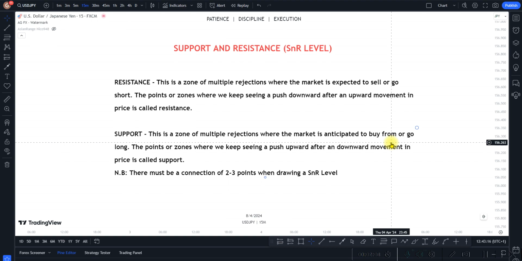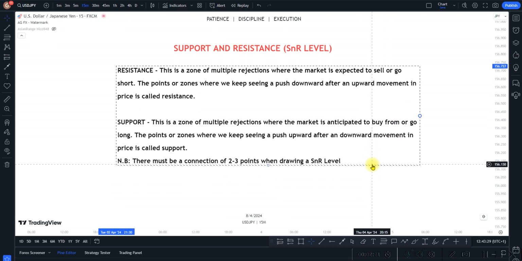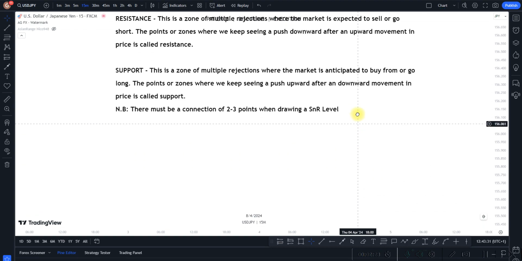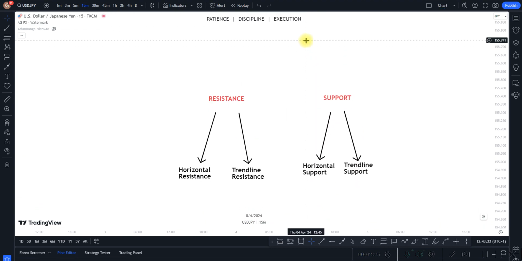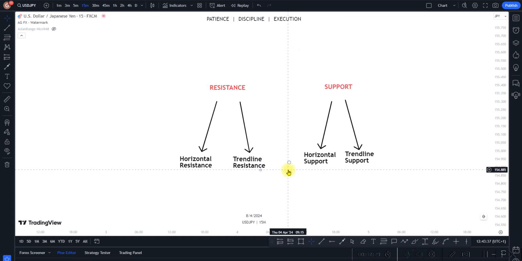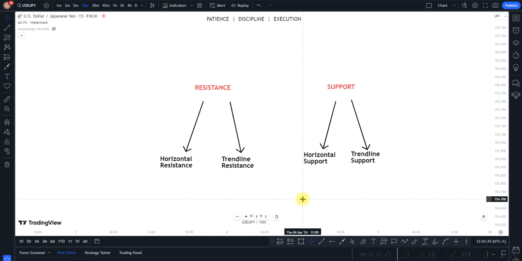But before we go on to understand how to draw our resistance and support, or how to see them on the chart, we need to understand a few little things as well. We need to understand that resistance and support come in two types.